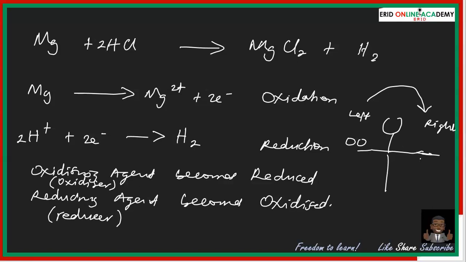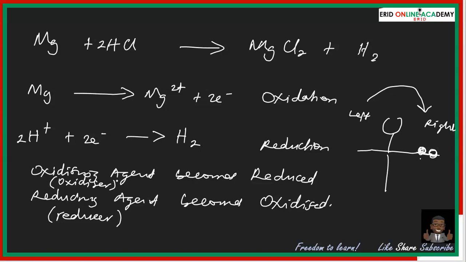So at the end of the day, the coins on my left hand will now be on my right hand. So I'll say my right hand has been oxidized. But why? Because my right hand reduces my left hand. My right hand is the reducer, while my left hand is the oxidizer. So at the end of the process, my left hand has become reduced, while my right hand has become oxidized.